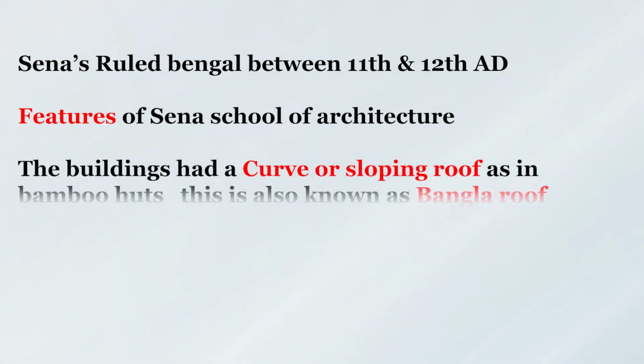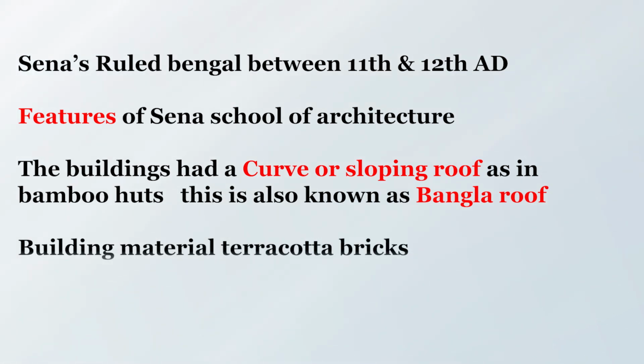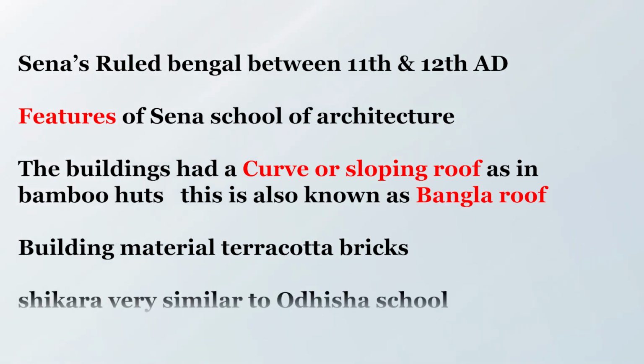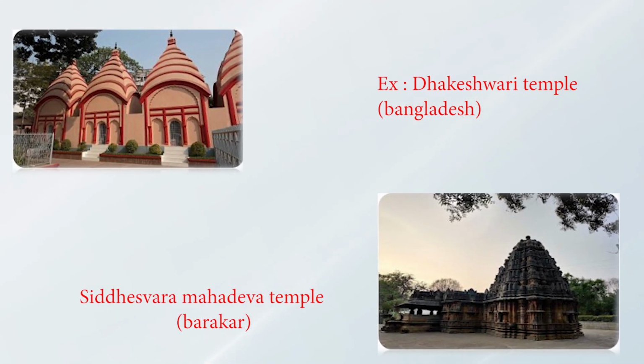Terracotta bricks were the main building material of this architecture. This is a unique one. Next, the shikhara is very similar to the Odisha school. It is a tall, curving shikhara surrounded by large amalakas. Next and final important feature, the buildings are highly lustrous and finished. Examples of the Sena school of temples are the Dakshineshwari temple in Bengal and the Siddheshwara Mahadeva temple in Barakar.